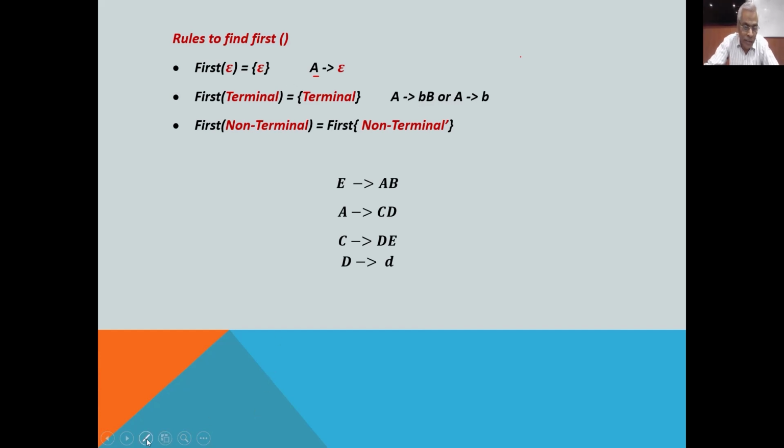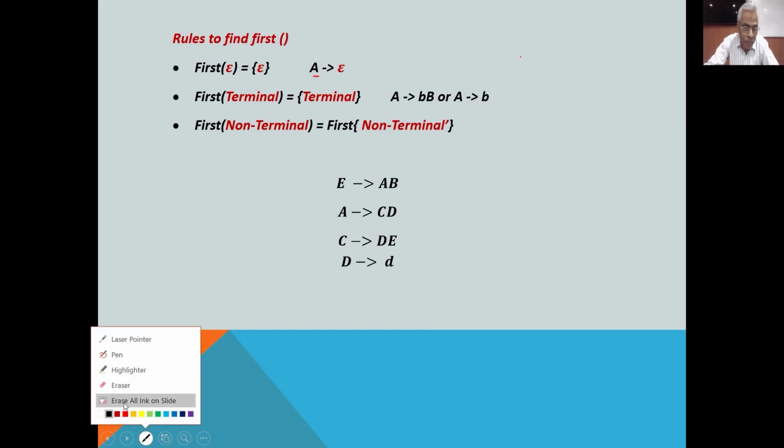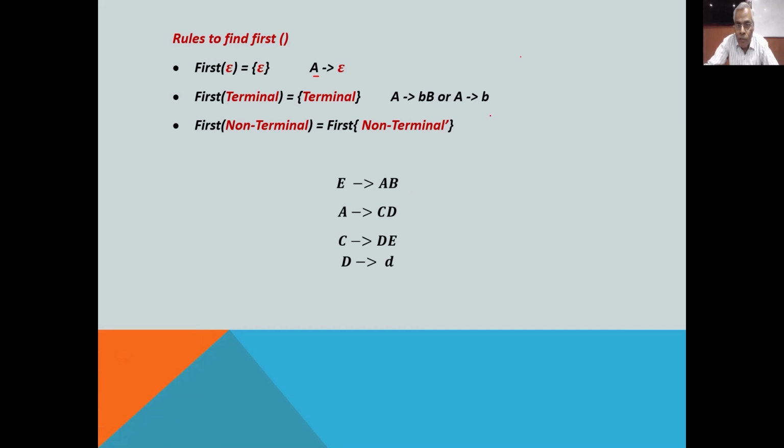So we will write here first of A equals first of terminal b, and this will give us b.